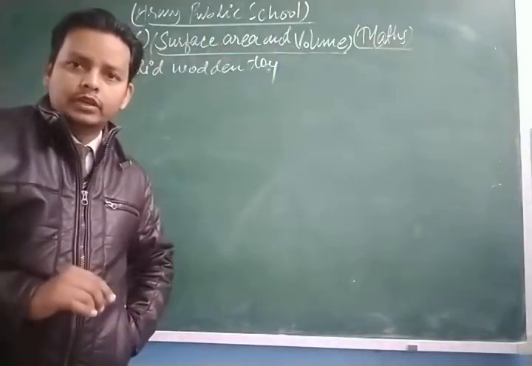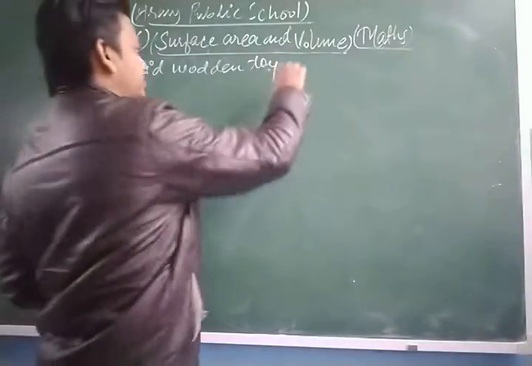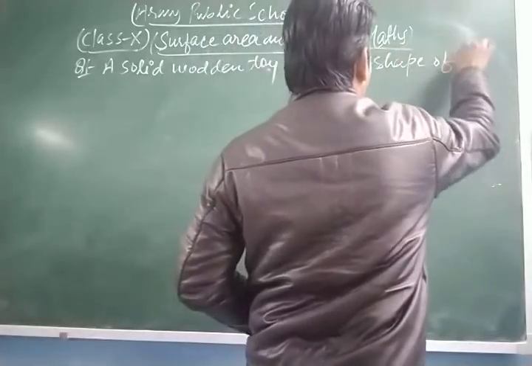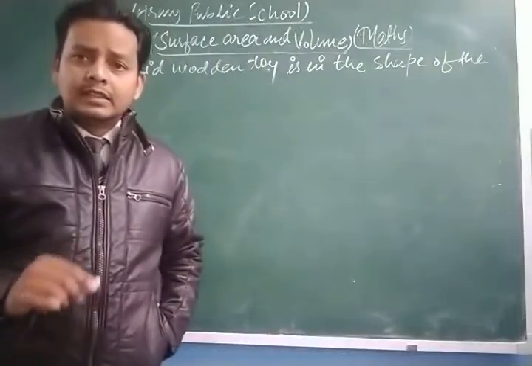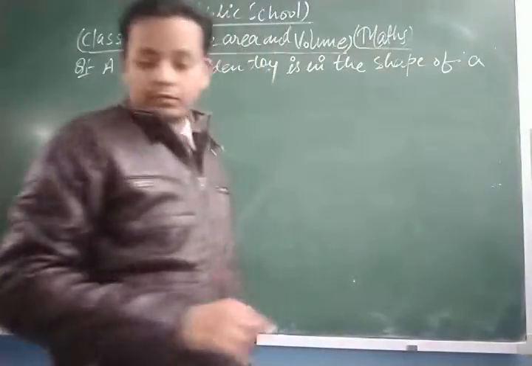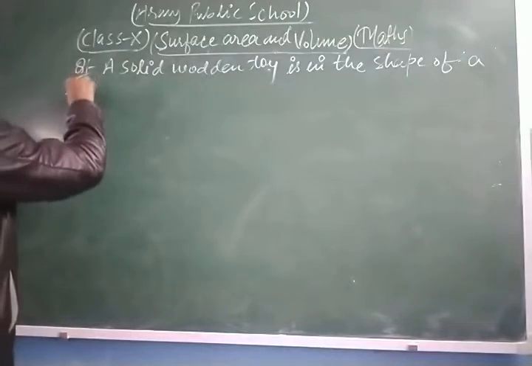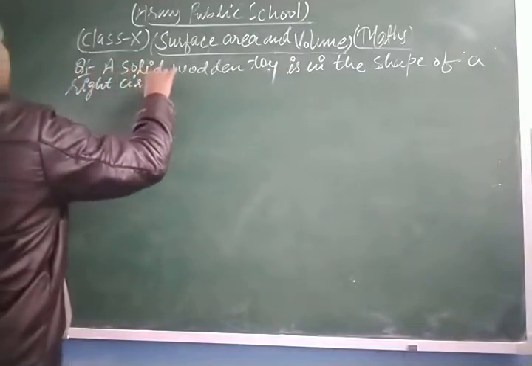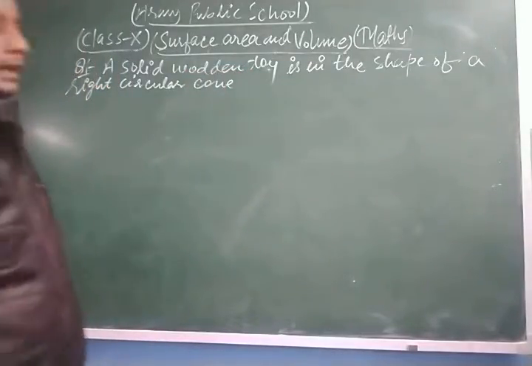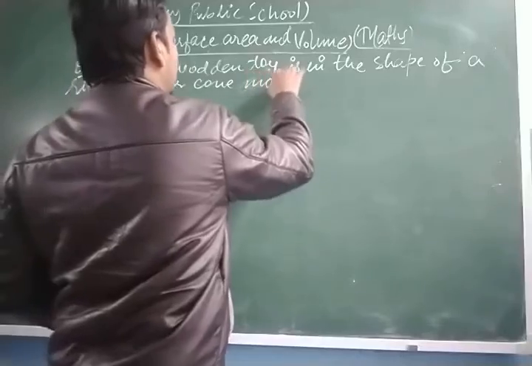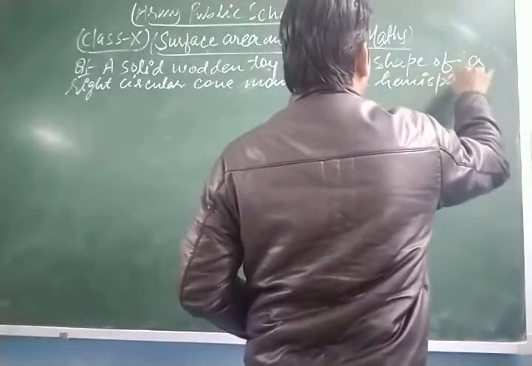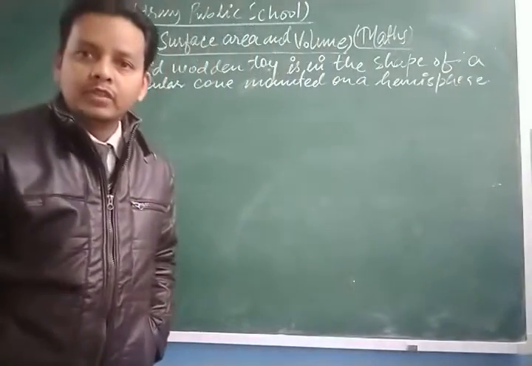A solid wooden toy is in the shape of a right circular cone mounted on a hemisphere.